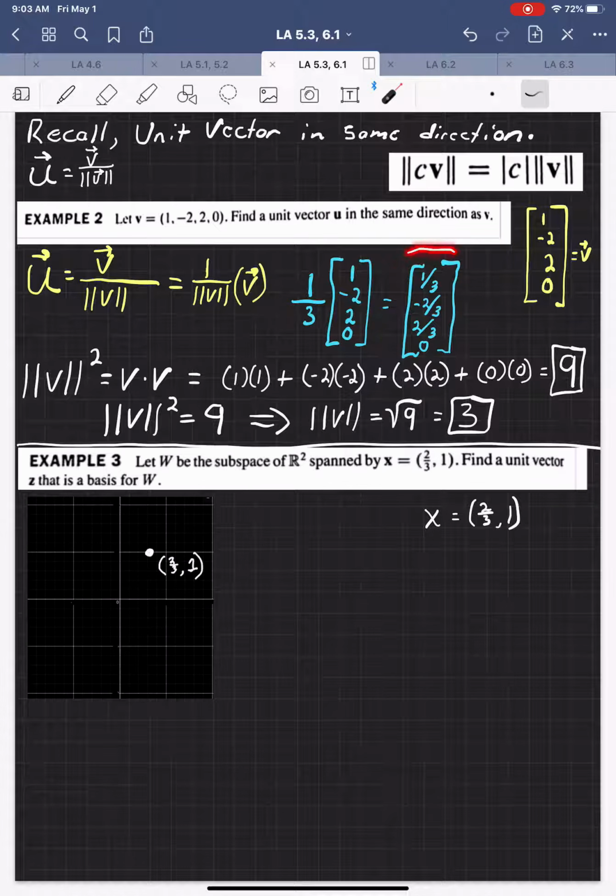So this new vector should be in the same direction as vector v, but it should have a length of 1. And of course, you could always go back and compute its length to make sure its length is equal to 1. You would just take the dot product of this new vector with itself, and you should get 1.